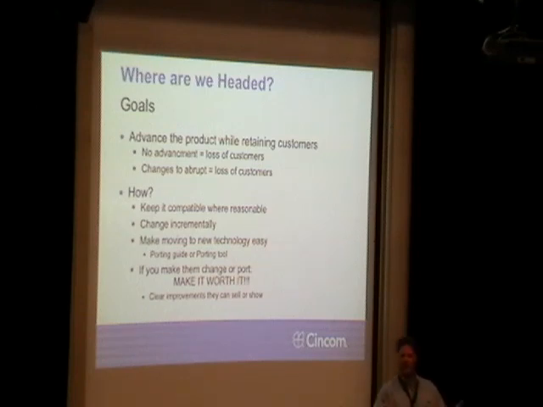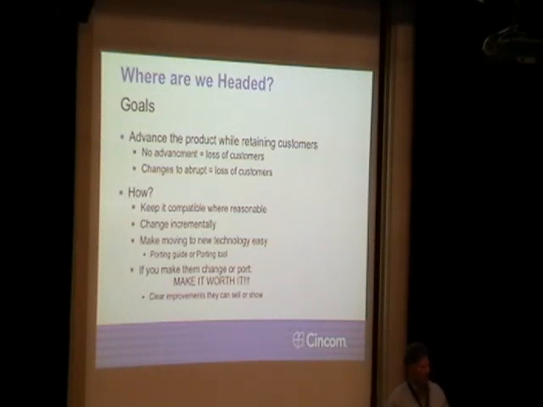So if we do nothing, if we make no improvements, we'll lose customers. If we make radical changes, we'll lose customers. So we want to find that sweet spot in the middle where we can move the product forward, attract new people to Smalltalk, and also keep our current community and customer base very happy.